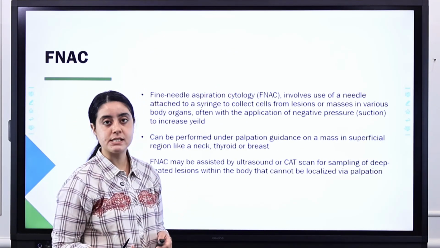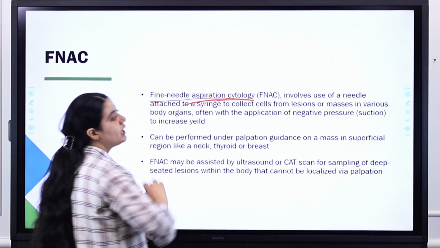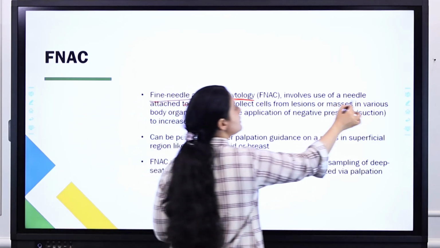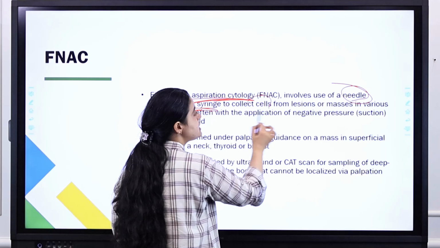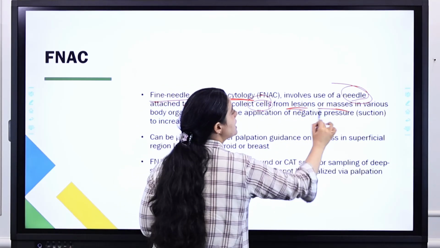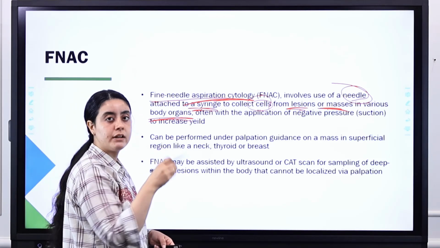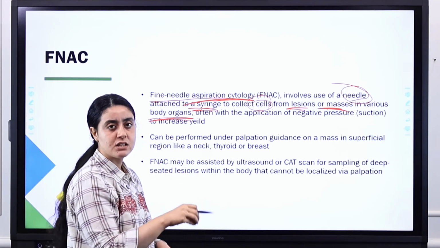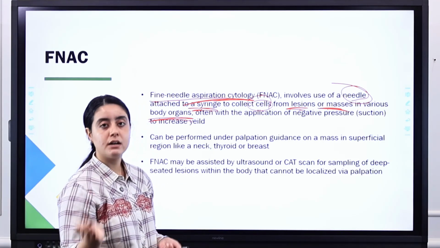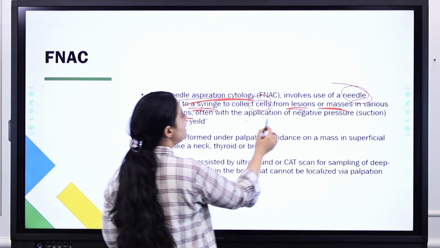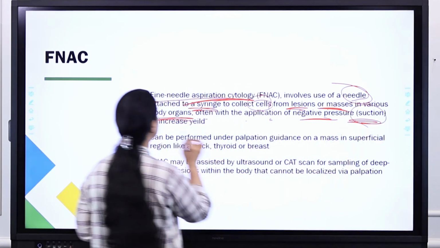So what is FNAC basically? As I've already told you, fine needle aspiration cytology. It involves the use of a needle attached to a syringe to collect cells from lesions or masses in various body organs, in which some type of mass or fluid is present. We collect it with the help of the needle attached to a syringe, often with application of negative pressure or suction to increase the yield.